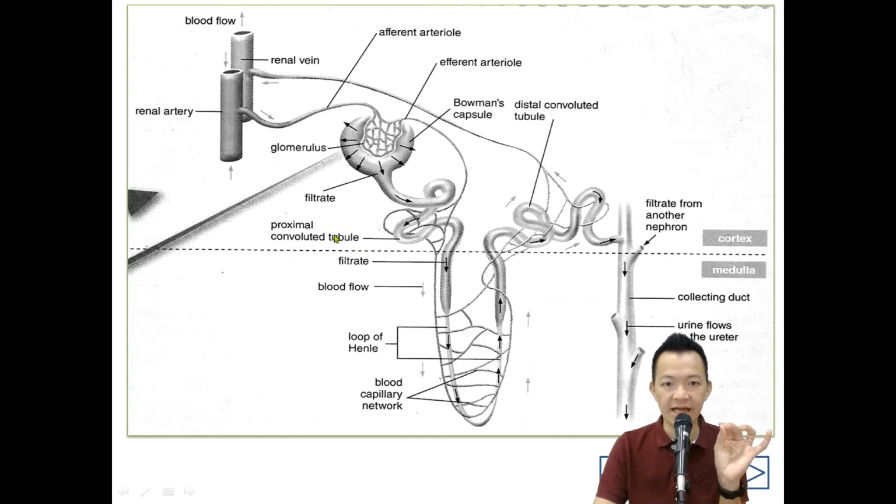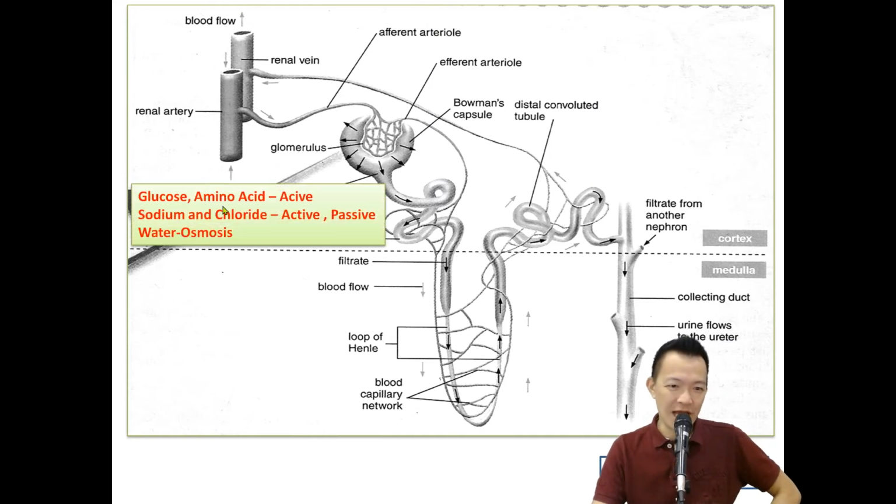This name will be covered, so find your own space. So glucose and amino acid will be reabsorbed by using the method called active transport.